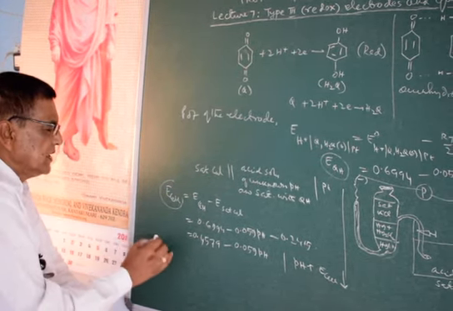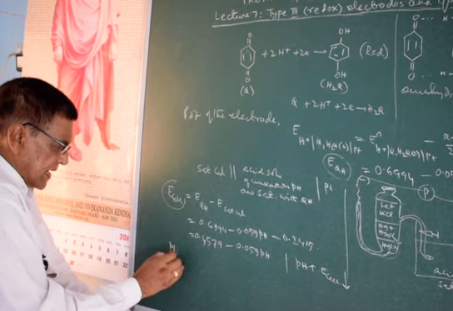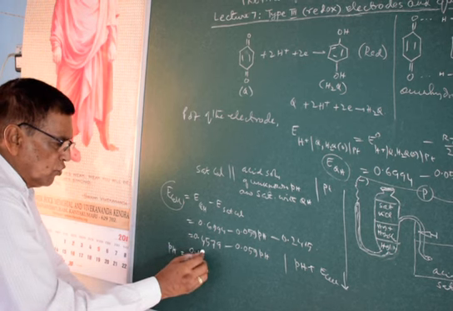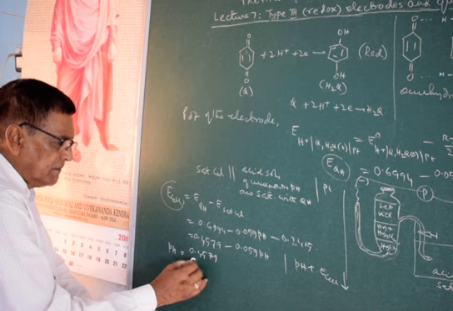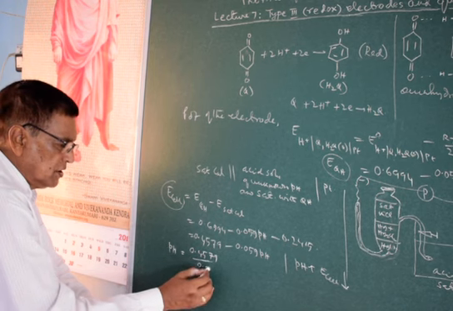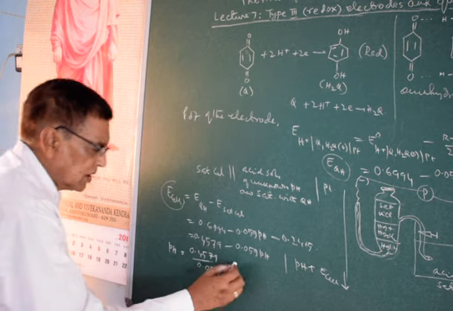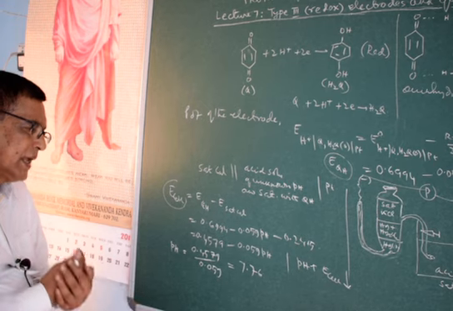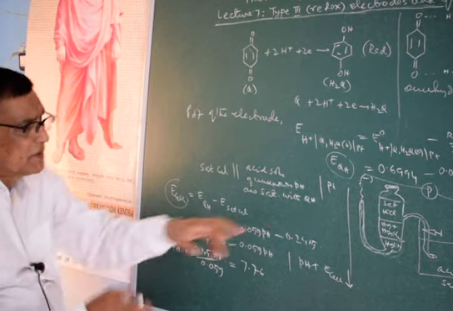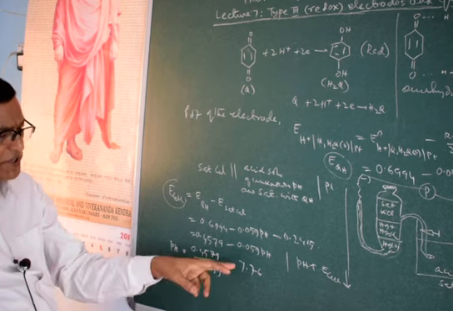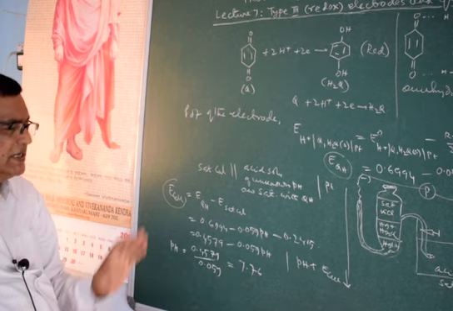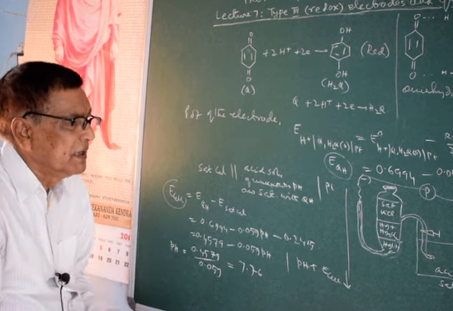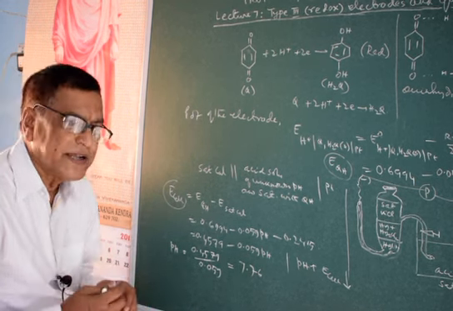So this pH at which the cell potential equals 0 will be 0.4579 divided by 0.059, and this equals 7.76. So above this pH, whenever the acid solutions have a pH more than 7.76, this cell potential becomes negative, and whenever the cell potential becomes negative, the cell reaction becomes non-spontaneous.